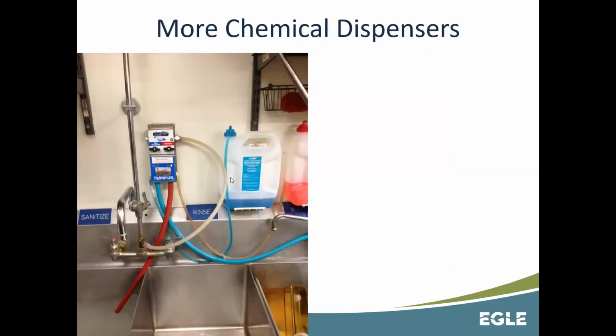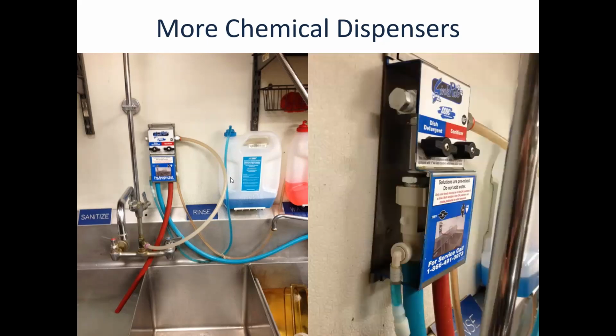So we've gotten some more examples of chemical dispensers here. This one is actually in a kitchen at a fast food restaurant. So again, these are all over the place. In this case, we're looking at a hose that is connected into the sink here.